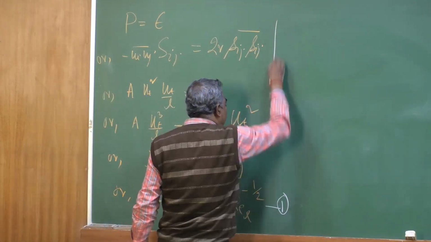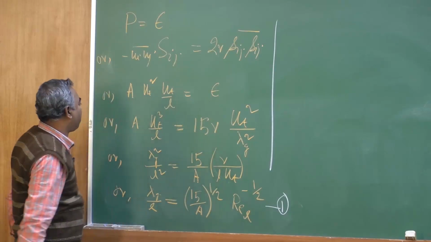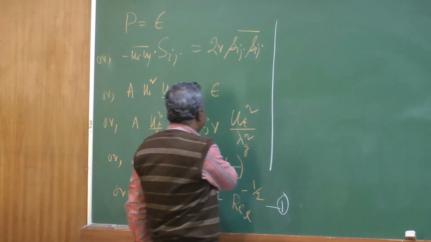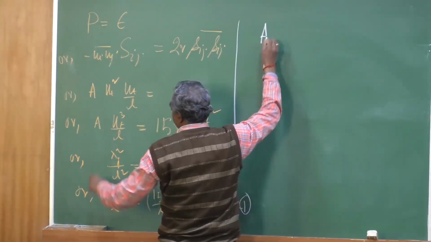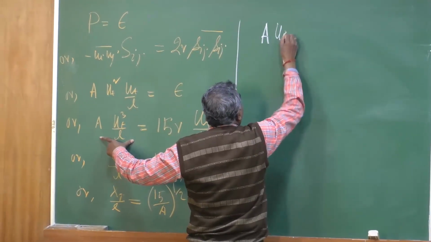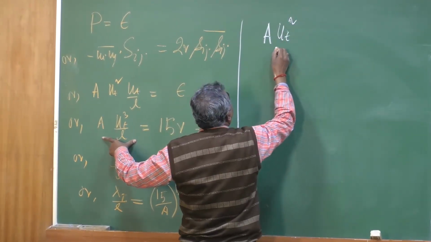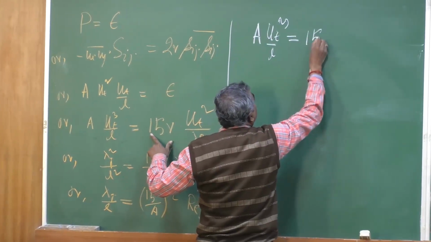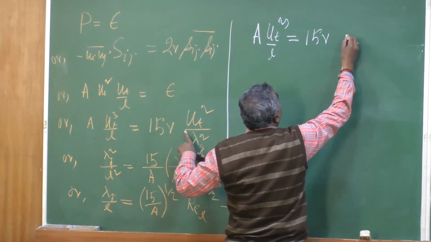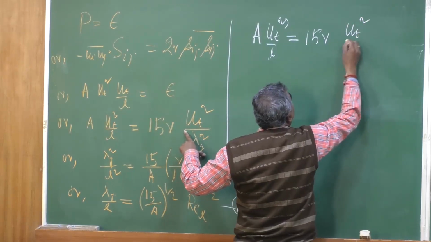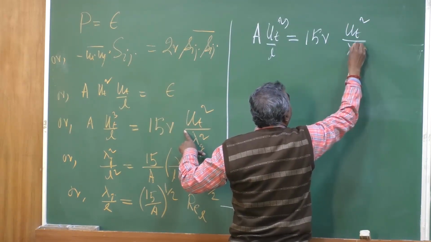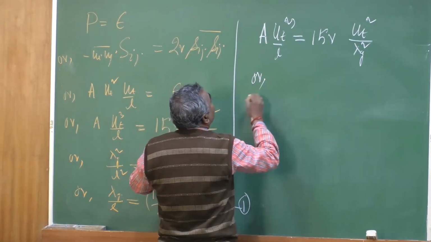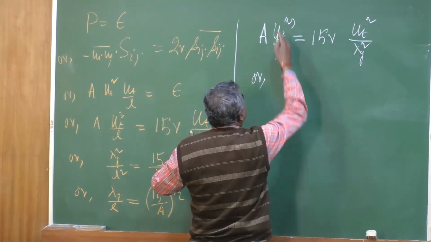Okay. Another relation we can get from this. Once again the same formula we can write, starting from here. So, I can write this as ut cube by L equals 15 nu ut square by lambda g square, right. Or, one lambda I can take here.